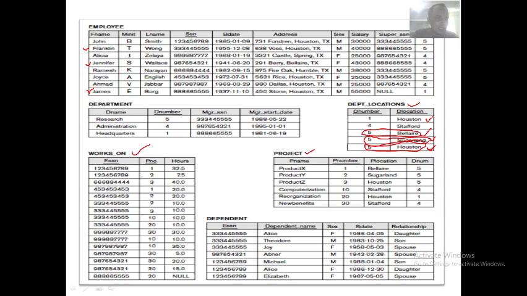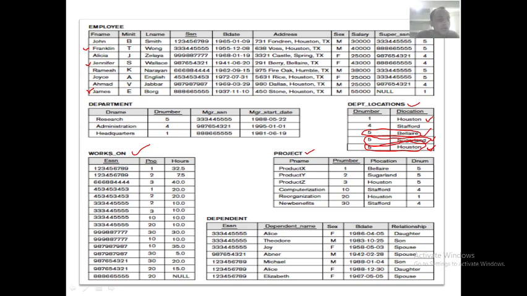Same employee, see here now, again that John Smith, who has the ESSN 1, 2, 3, 4, 5, 6, 7, 8, 9, is also working in project number 2, that is product Y. So this person John Smith is working in two different projects.